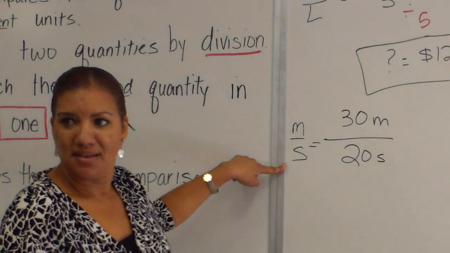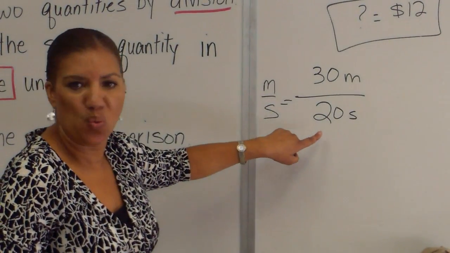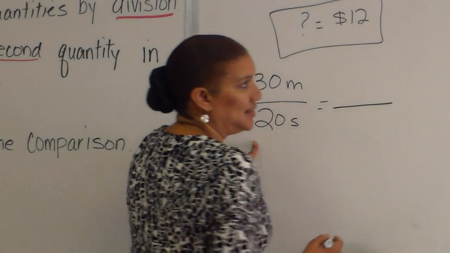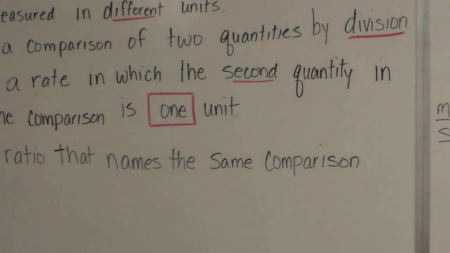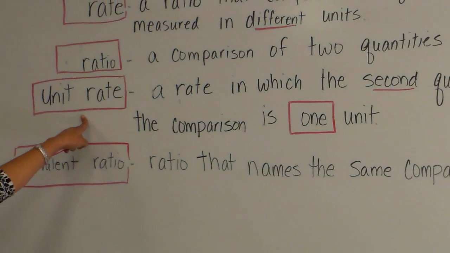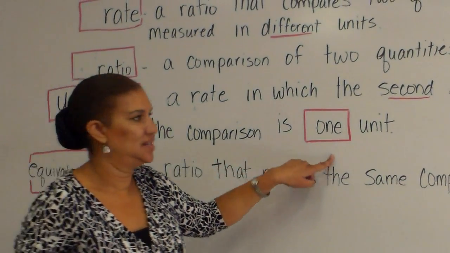Meters to seconds. That's my ratio. He walks 30 meters in 20 seconds. How do I calculate the unit rate? Well, I know I have to have the second quantity equal to 1 unit.